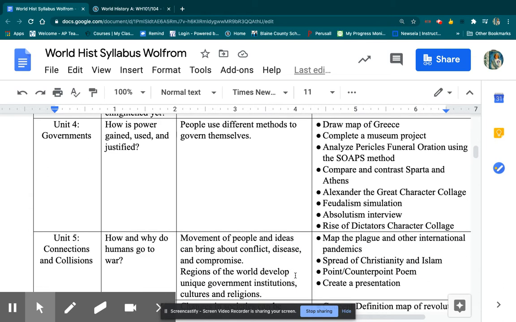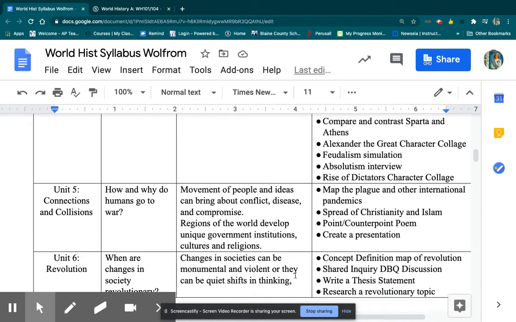Then we'll move into governments. How is power gained, used, and justified? And we'll look specifically at Greece and Rome as models for modern governments, but we're also going to be maybe looking at some monarchs in there, like Louis the 16th, and the rise of dictators.